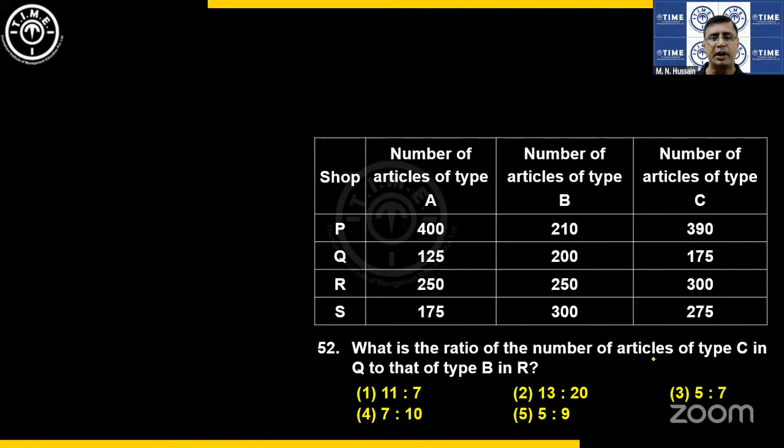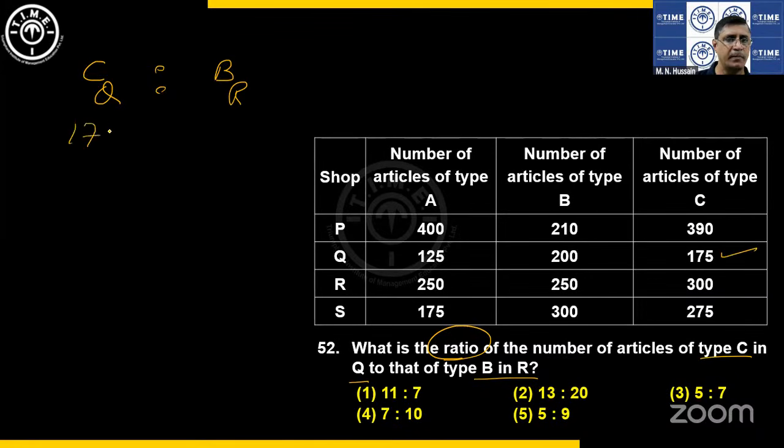What is the ratio of the number of articles of type C in Q to that B in R? C, Q, B, R. What to find? Ratio to be found. Now CQ means 175, the number of articles of C in shop Q, and the number of articles with B, R shop, that is 250.